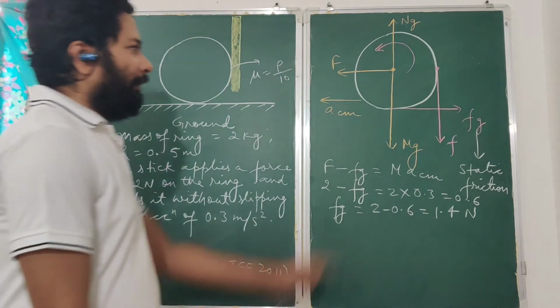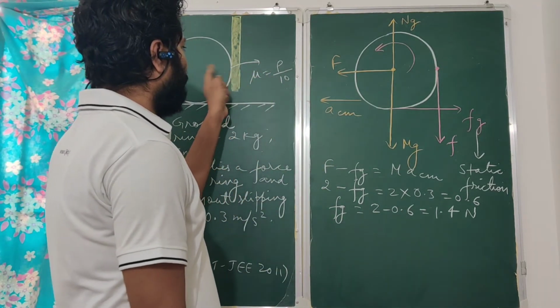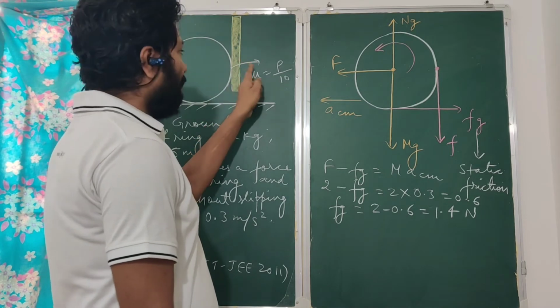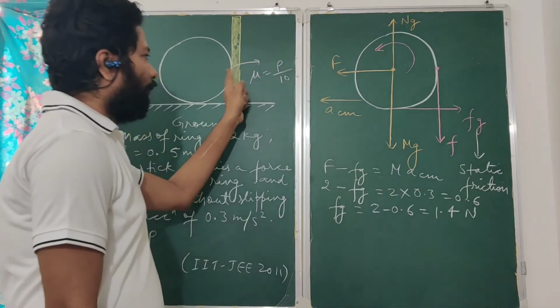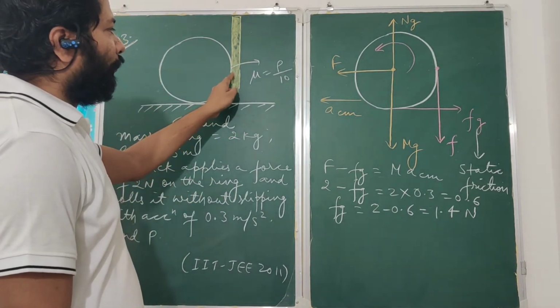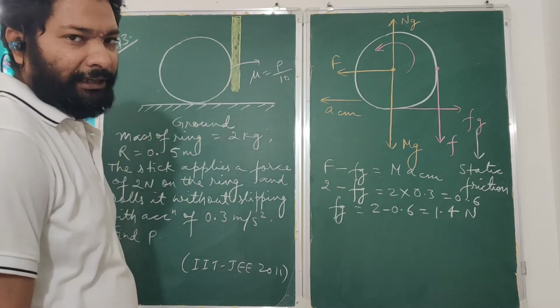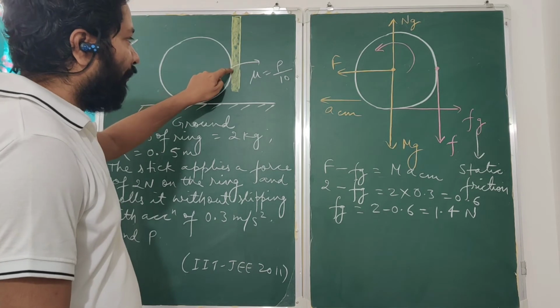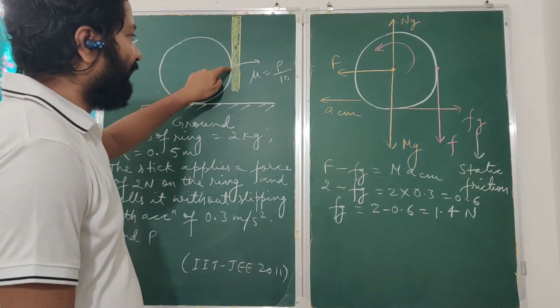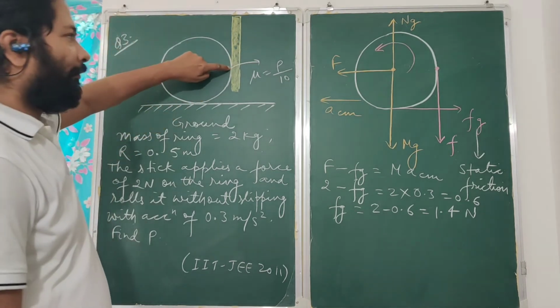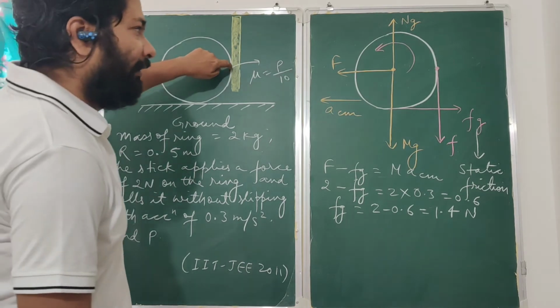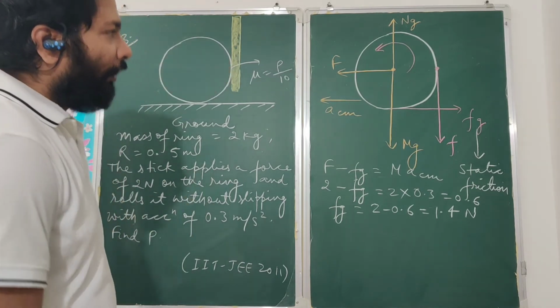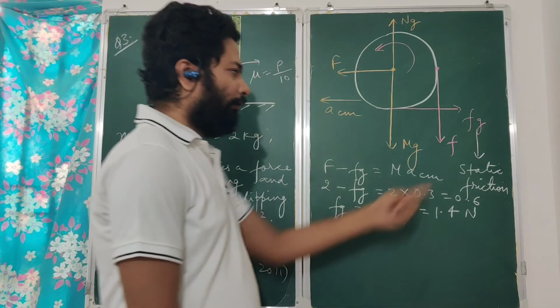Now the force which the stick is applying on the ring acts as the normal contact force between this ring and the stick. So that force will be responsible for the frictional force which is acting here. And here what type of friction is acting? Kinetic. So we can take the maximum value. What will be the maximum value of frictional force?